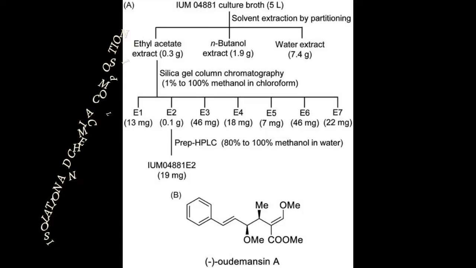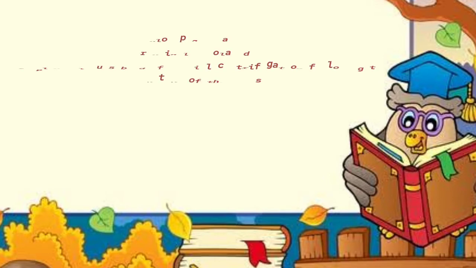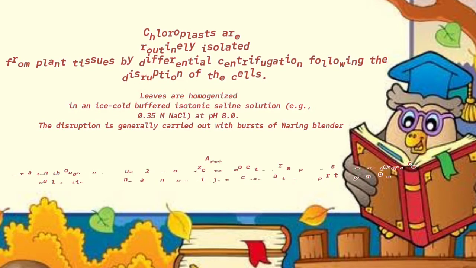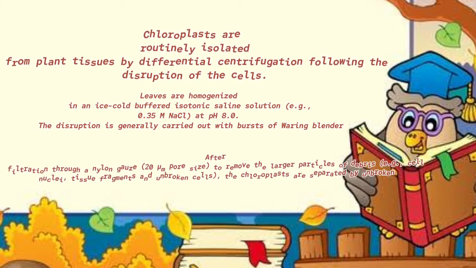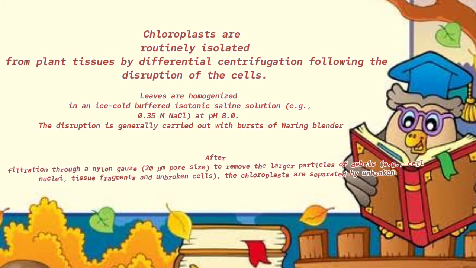Isolation and chemical composition. Chloroplasts are routinely isolated from plant tissues by differential centrifugation following the dispersion of the cells. Leaves are homogenized in an ice-cold isotonic saline solution, for example 0.35 M NaCl at pH 8.0.